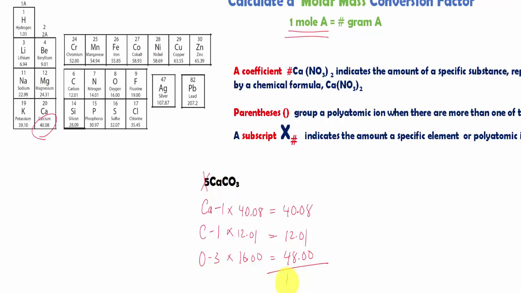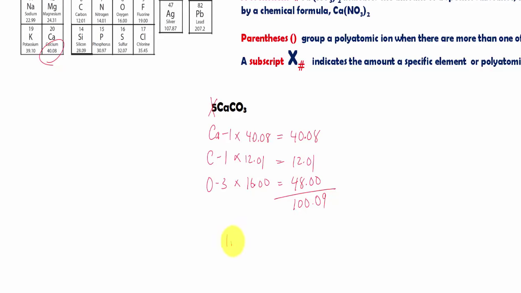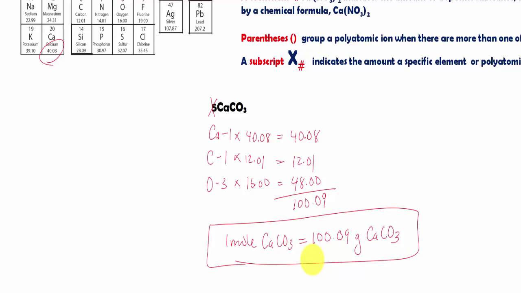When we add them together, we have 100.09. And to express this as a molar mass, we have 1 mole of CaCO3 equal to 100.09 grams of CaCO3. And there you go. That is our molar mass.